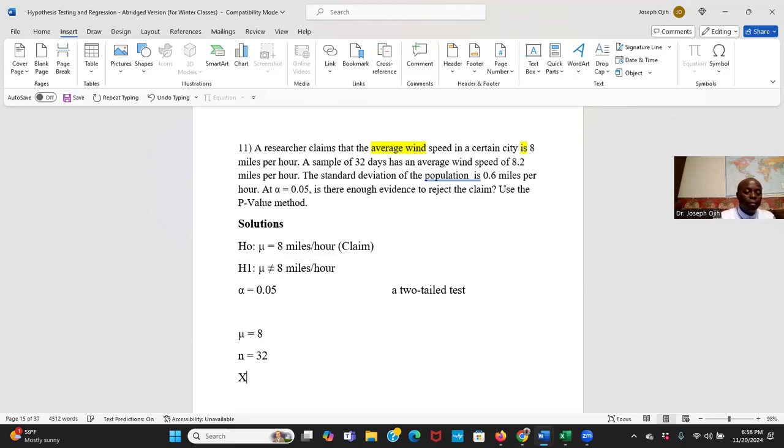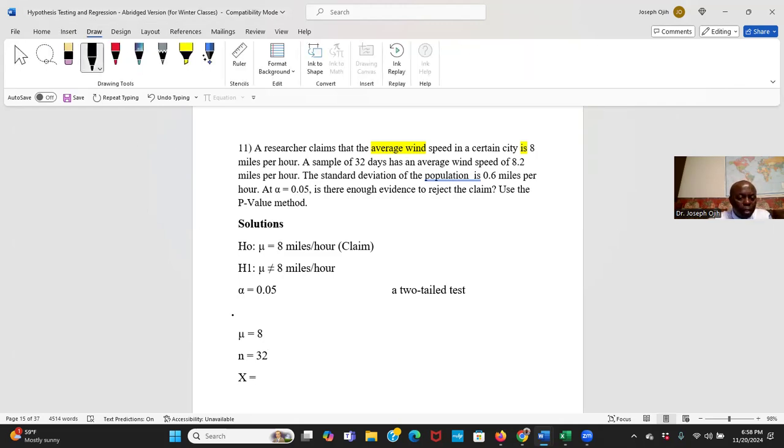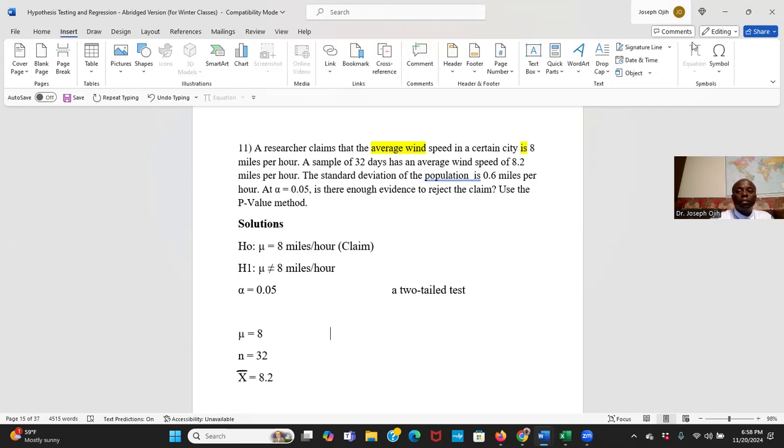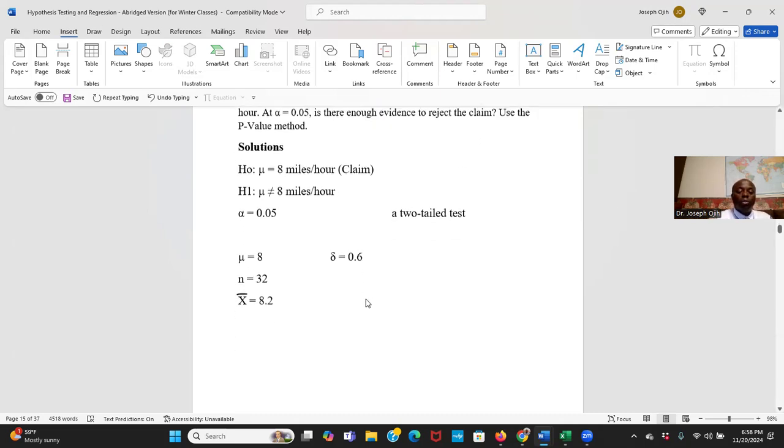X bar, like I normally put it, X bar equals 8.2 miles. Now, for the standard deviation, we use sigma equals 0.6 miles, the population standard deviation.